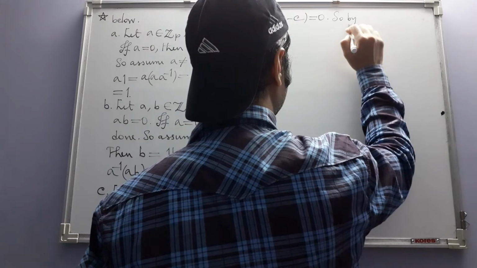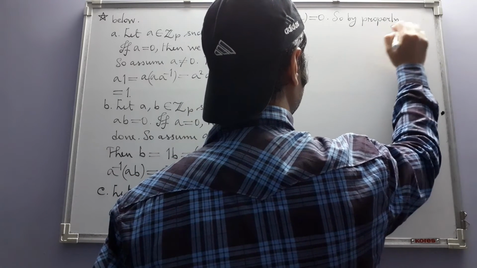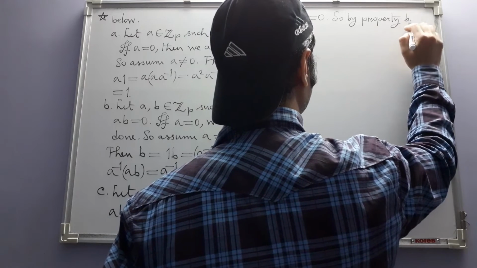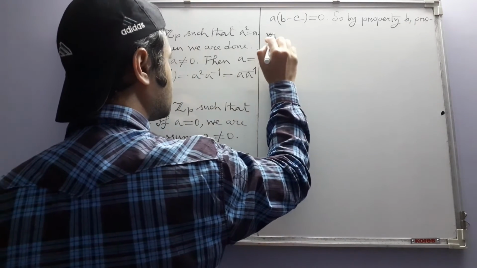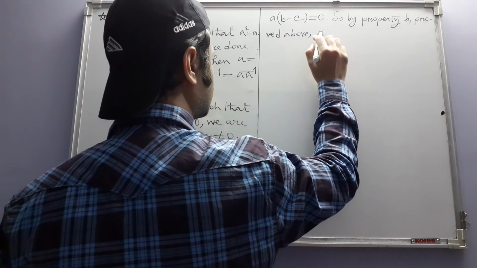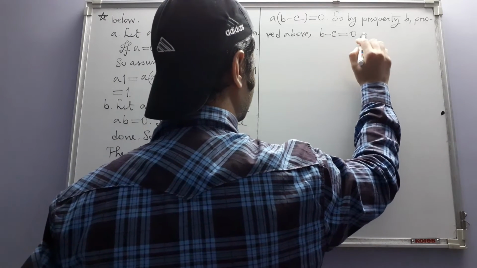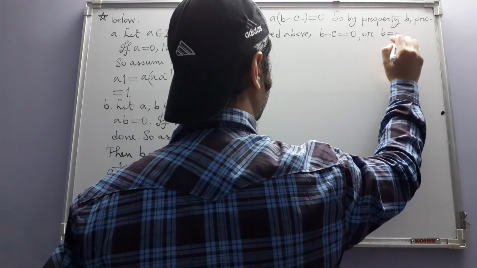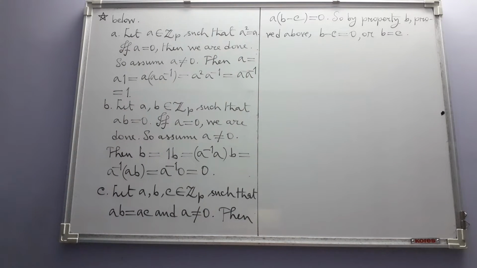So by property B, proved above, B minus C must be equal to 0 or B must be equal to C. So this completes the proof of property C.